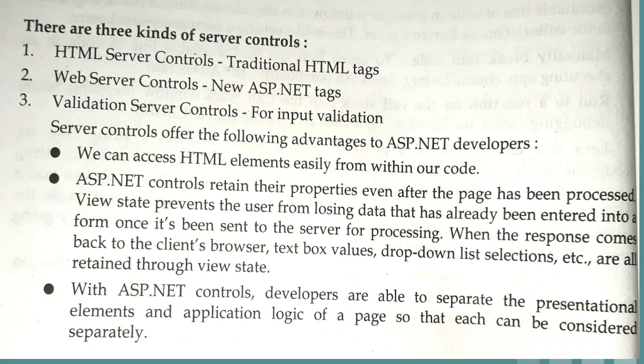And basically the view state will contain the information when we are using the text box and changing the text box value, or when we are selecting from the drop down list, that is the list box or combo box. If we are selecting items from them, that time the selection state should be saved somewhere. That is done with the help of view state.